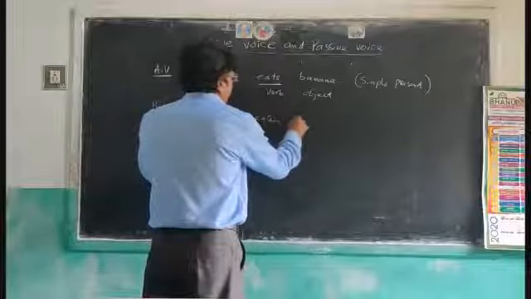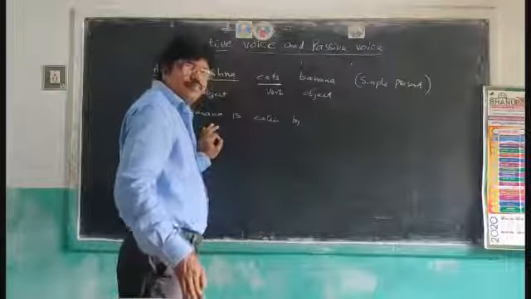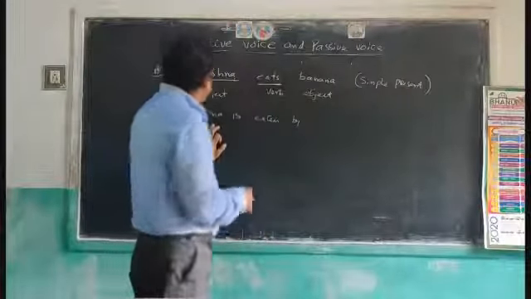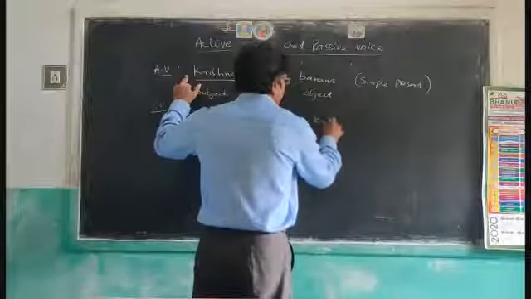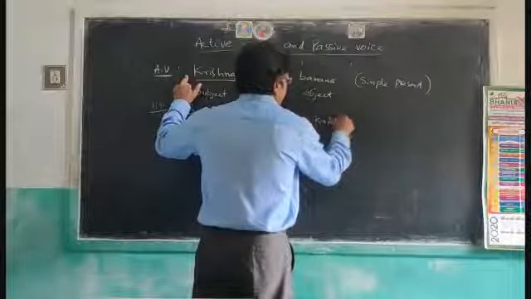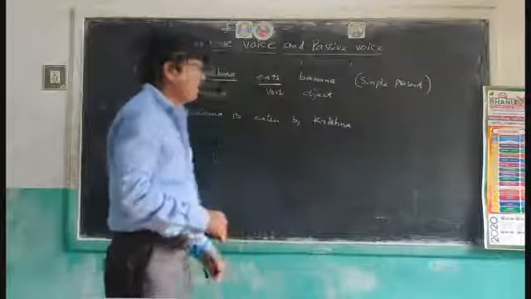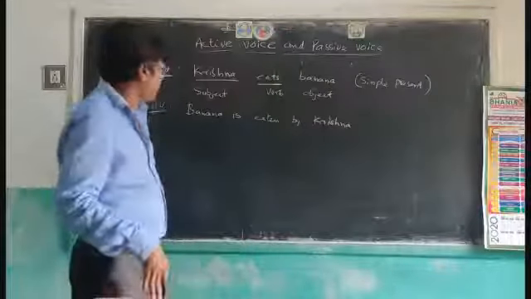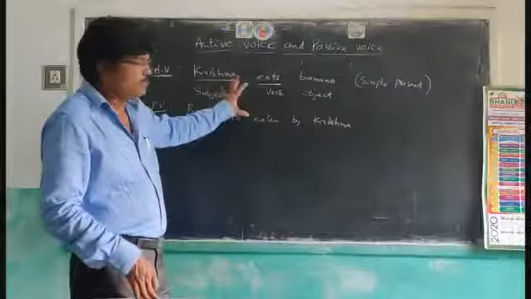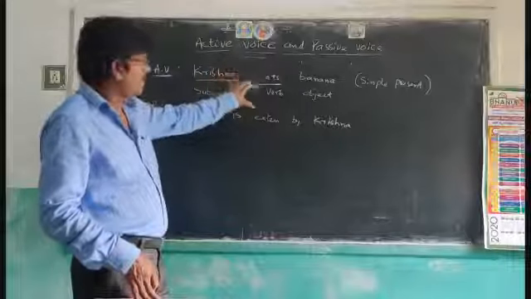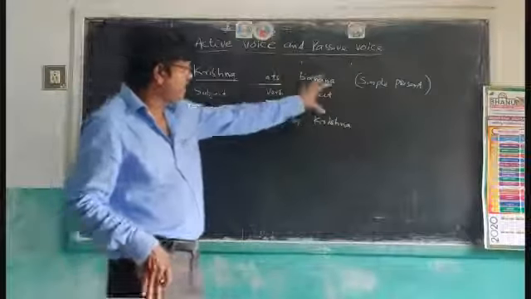Eaten. We add by. Eaten by Krishna. Banana is eaten by Krishna. What are the changes? Observe. Immediately identify the tense of the sentence: simple present tense.